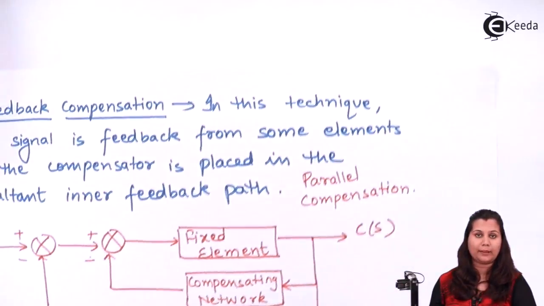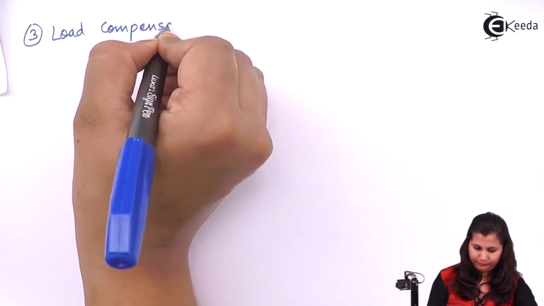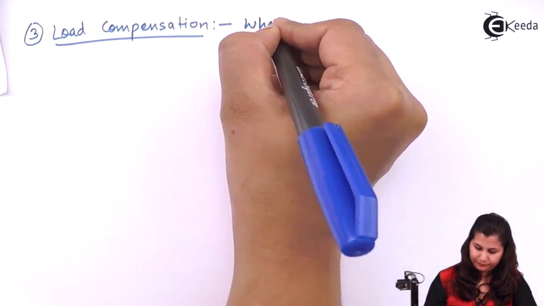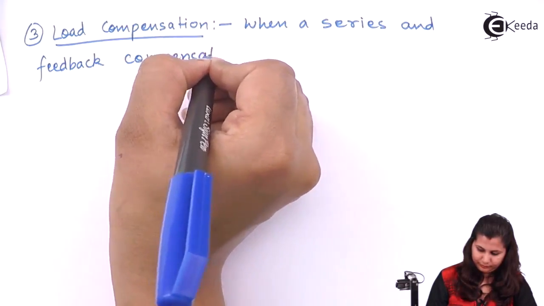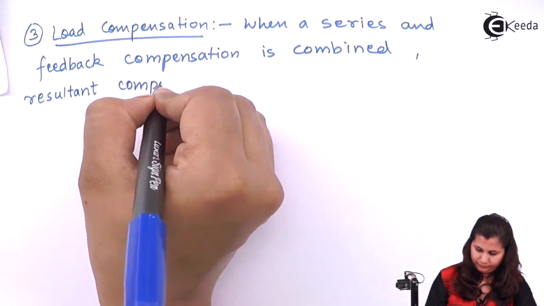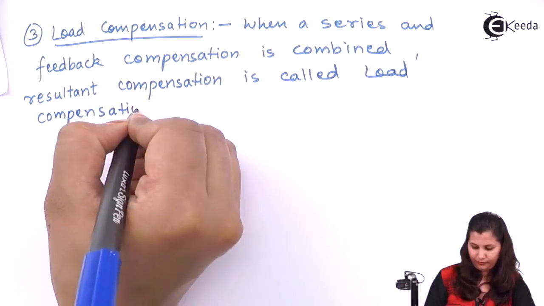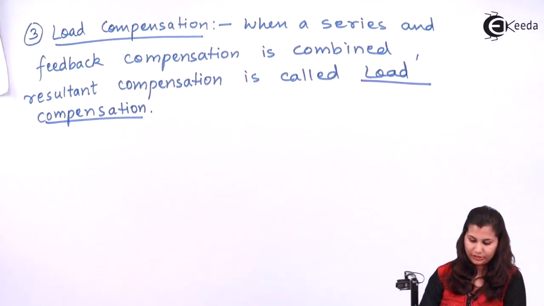Now the third type is load compensation. In load compensation, we are combining the series and the feedback compensation, so it is a combination of series and parallel compensation. Let's draw the block diagram for it.